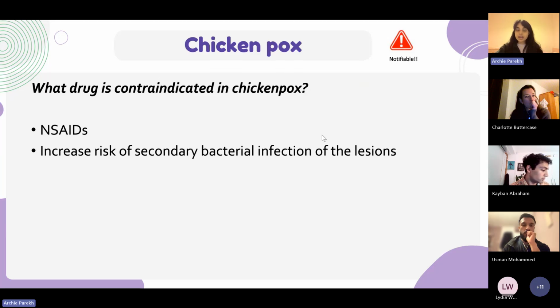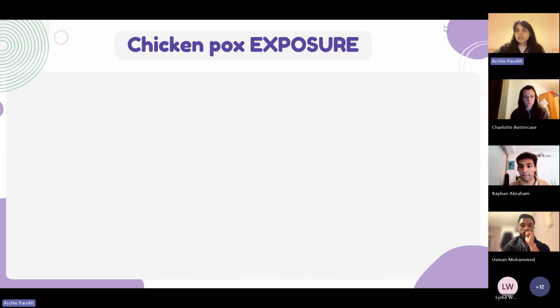So it's not just aspirin, it could also be diclofenac, or what's the Brufen that children have when they have a fever. So you need to counsel parents to not give them Brufen, even though they might have a fever in chickenpox, because it's contraindicated.